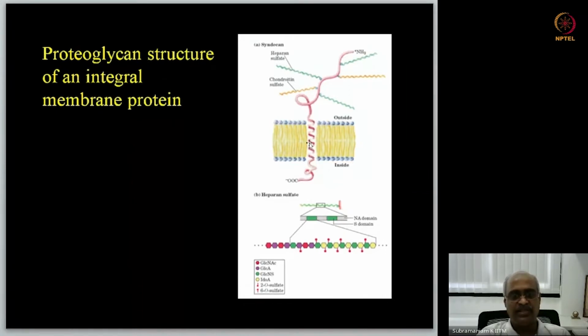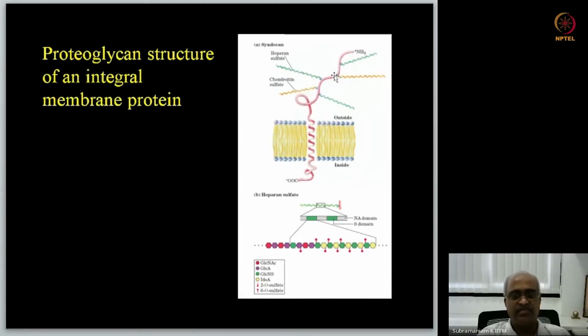And such proteins which are integrated into the membrane are called integral membrane proteins. And one end of it, the amino terminus here, is extracellular. And in the extracellular region, it has multiple tails of these molecules.